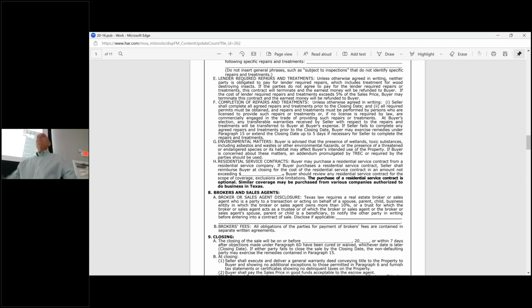So tell me, is it appropriate to write in special provisions or in an amendment, in a repair amendment, all repairs to be completed by licensed professionals?